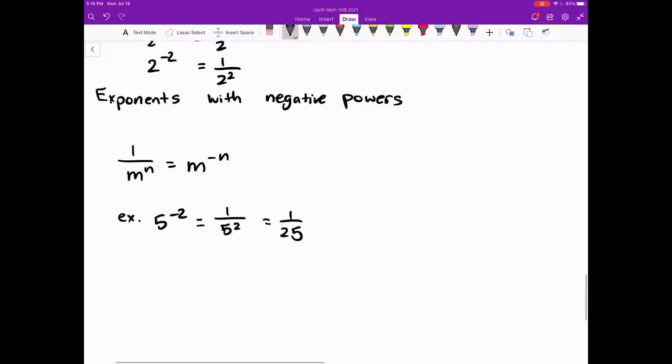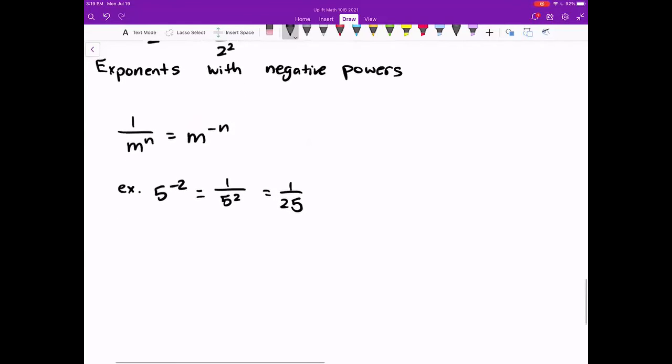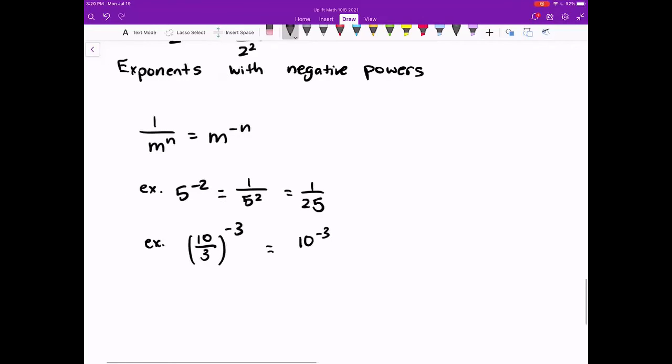And we could do one with a fraction. So if we have something like 10 divided by 3 in brackets to the power of -3, we can use a previous distributive rule. What we can do is distribute the -3 over the values inside. So we have 10 to the power of -3 and 3 to the power of -3.